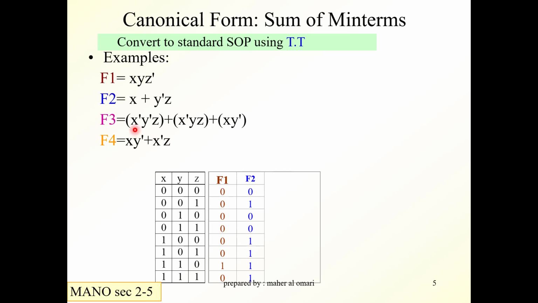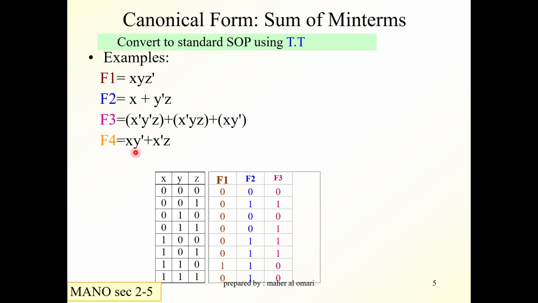F3 is equal to 1 when x is 0, y is 0, z is 1. And when x is 0, y is 1, z is 1, and x is 1, y is equal to 0. The rest of F3 values here are zeros.